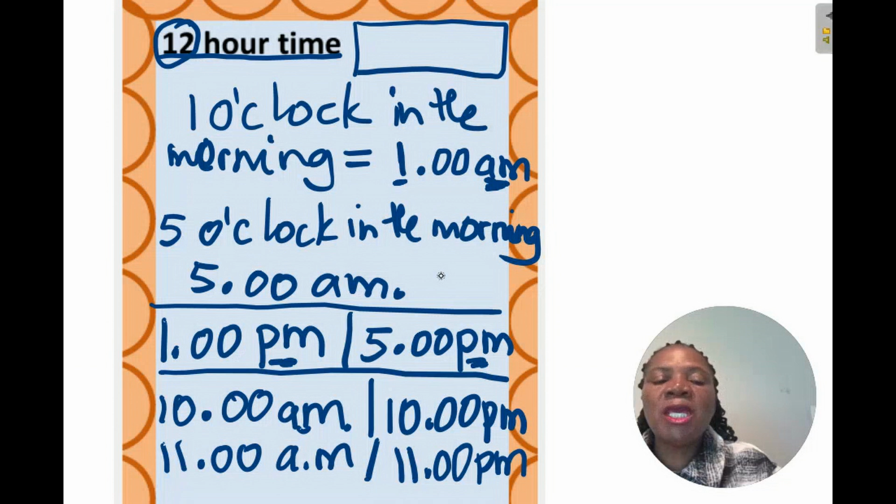Okay, or even when we are telling or writing, we need to be specific. If we are describing something that happened, then we have to know which time are you talking about. If it is 12-hour notation, is it in the morning or in the afternoon? Okay, we have to be specific, and we specify by using a.m. or p.m. because they are always two times of that nature in 12-hour time.